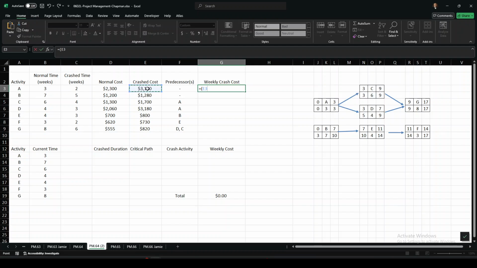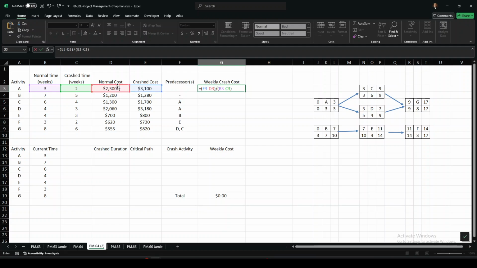We're going to take the crash cost minus the normal cost in parentheses divided by open parentheses normal time minus crash time. What we're looking for is a per week crash cost. So this crash cost here is not a per week crash cost, but that's what we need to crash the project, is we need a weekly crash cost.